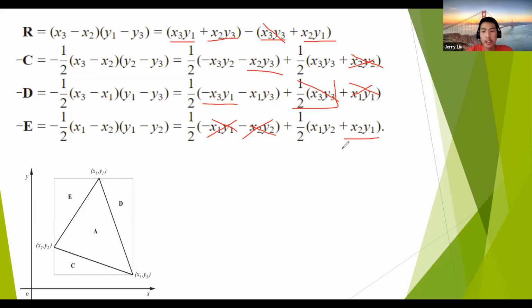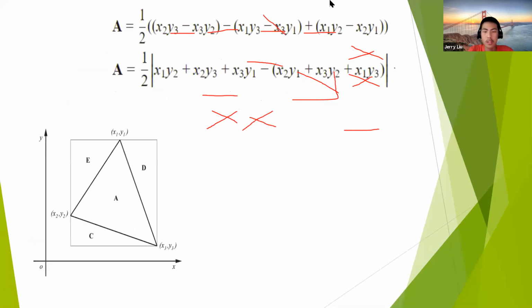So we will then rearrange this as here, and then we can rearrange this to form what's basically the Shoelace formula, just expressed in a different way.